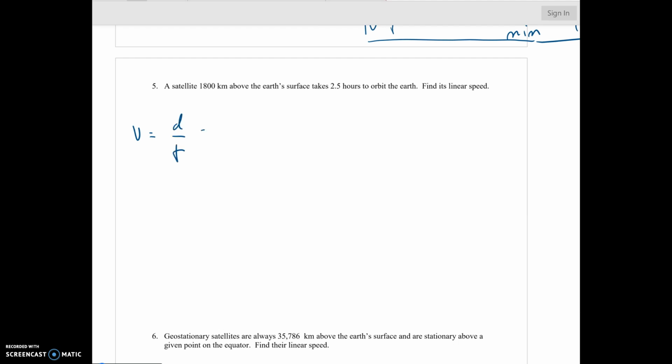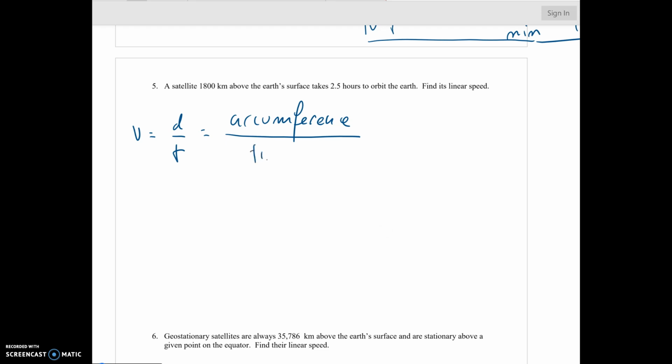And the distance is going to be the circumference divided by the time necessary to do the orbit around the Earth.